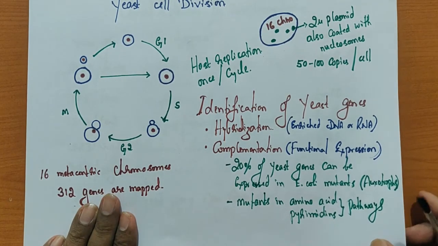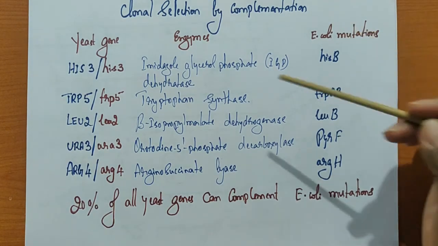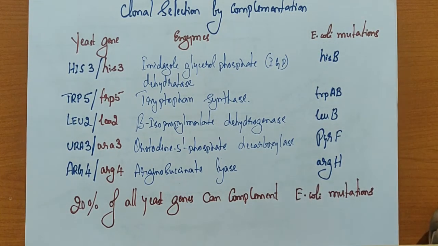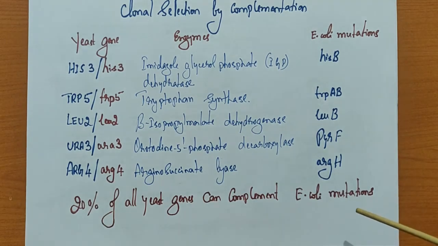So the next will give us the clonal selection by complementation. I told you that we will study the pathways associated with amino acids or pyrimidines. These are the most important gene products in auxotrophs, very well characterized and very useful in clonal selection.